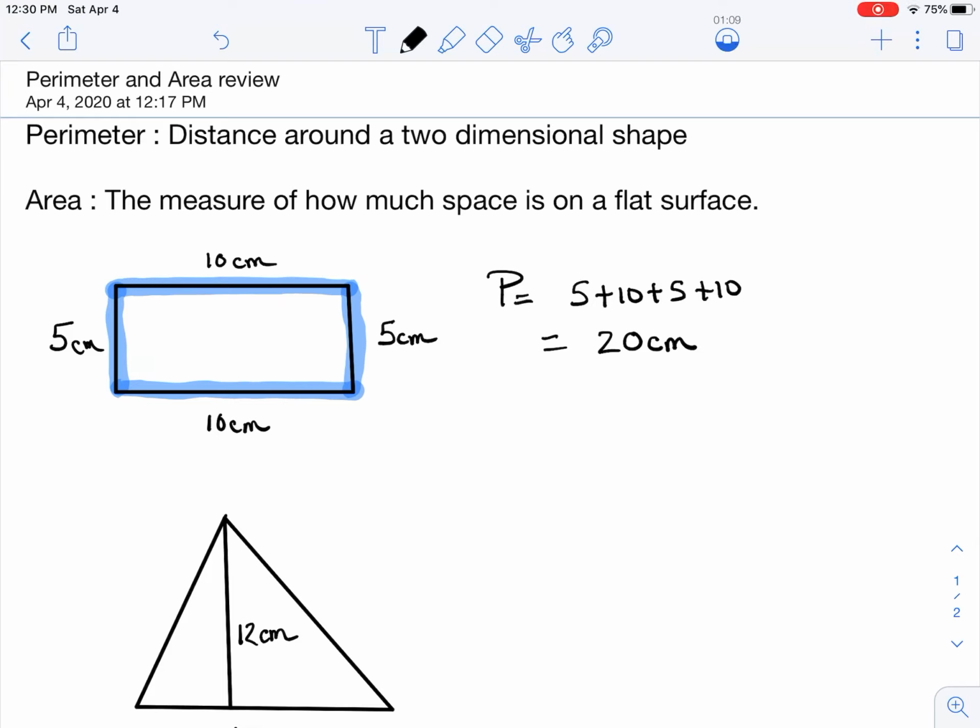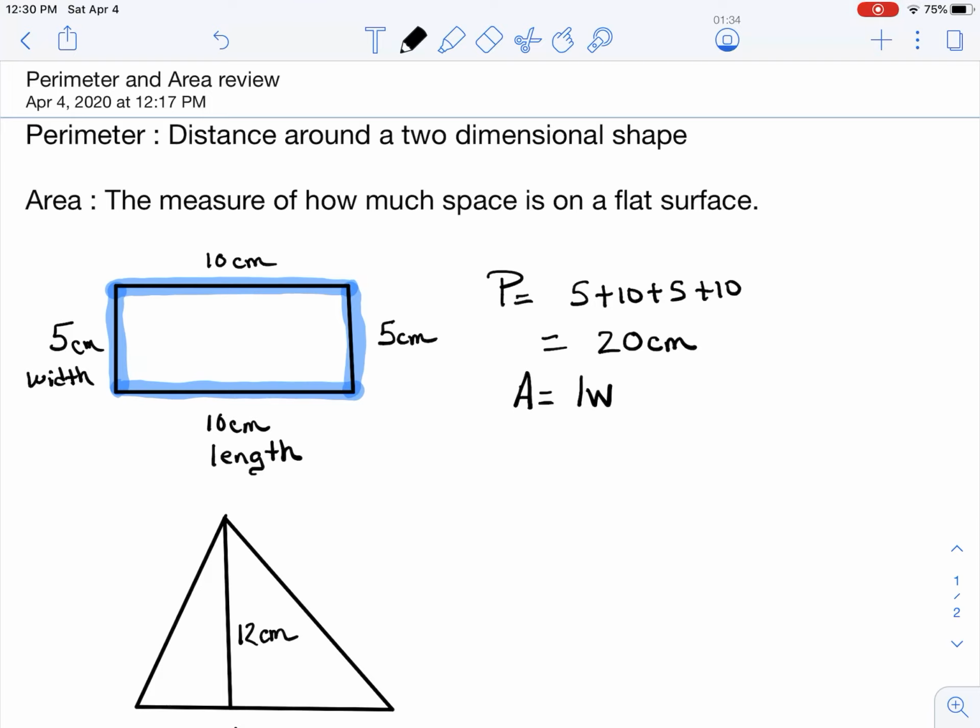If we wanted to take the area of the rectangle, we can see area is to measure how much space is on a flat surface. So for the rectangle, we would want to go to the formula A for area equals length times width. So going back to your rectangle, 10 would be your length, and 5 would be your width.